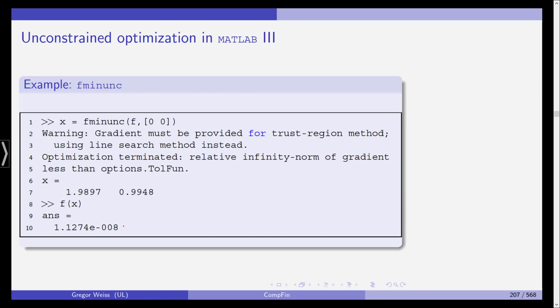If we are using fminunc, you can see we start at (0, 0). It will use a gradient-based method, but it will actually yield a slightly worse result, and it will lose approximately 10 decimal places in accuracy. Why? Because it will use an approximation to the gradient, and the approximation is not very good, as you can see.